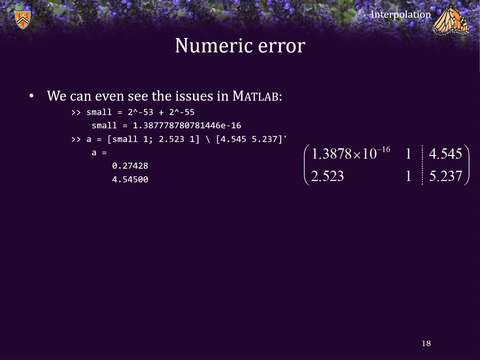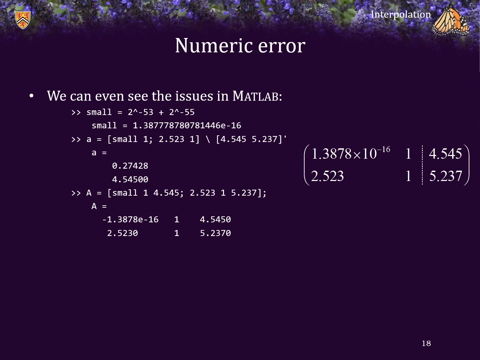Now, in MATLAB, we can solve this system of linear equations. And we get that the polynomial passing through these points is the one we see here, 0.27428x plus 4.545.